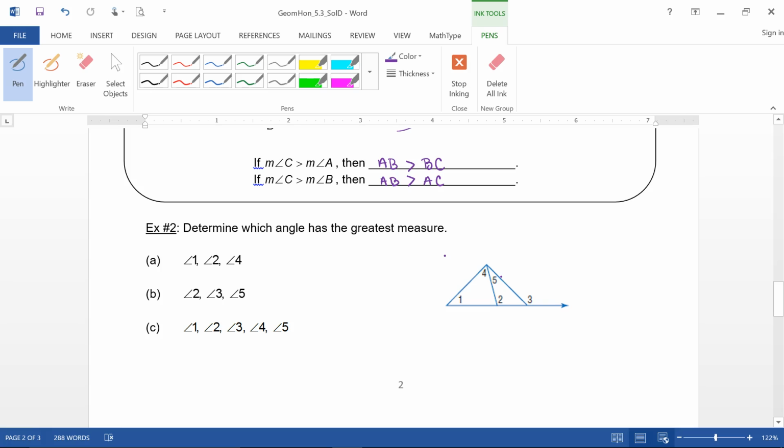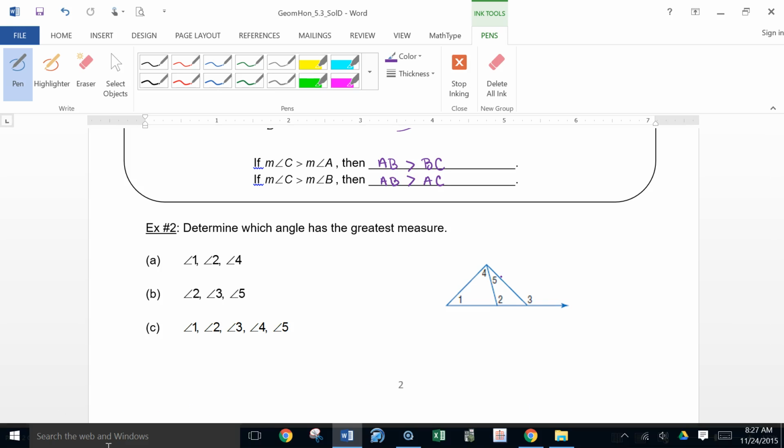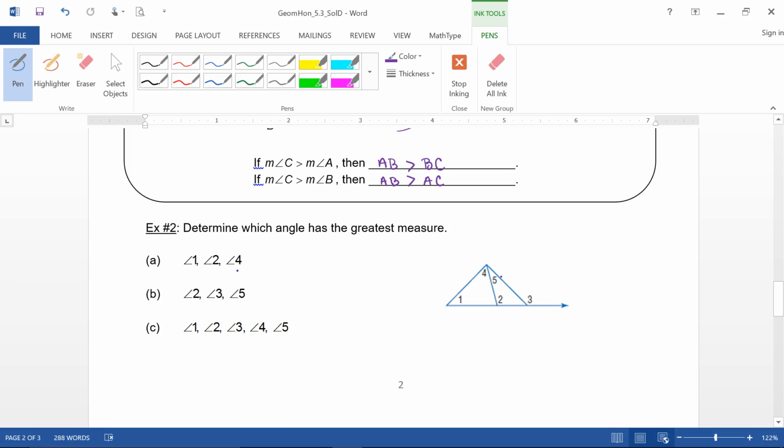All right. So here, between, that must be new. Okay, so we're going to try to put 1, 2, and 4 in order. Angle 1, angle 2, and angle 4. Which angle would be the greatest here? 2. Why? Because it's an exterior angle. What about between 2, 5, and 3? 3.